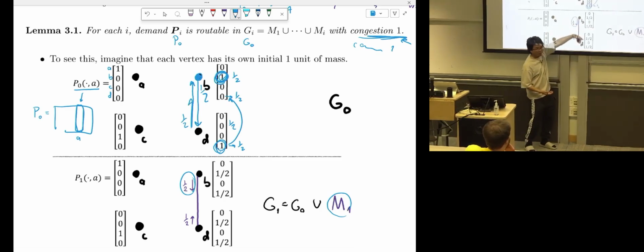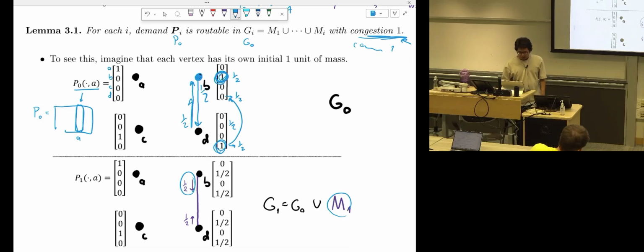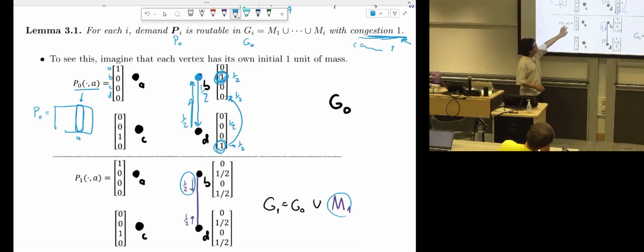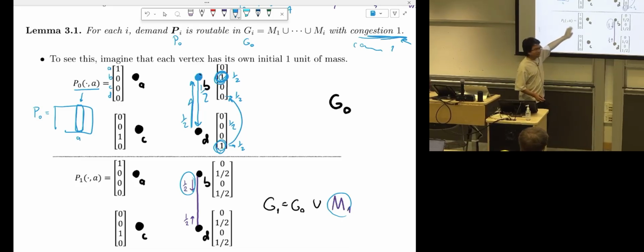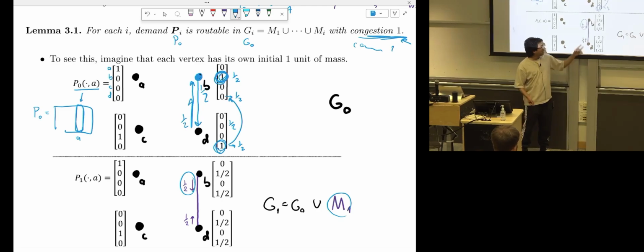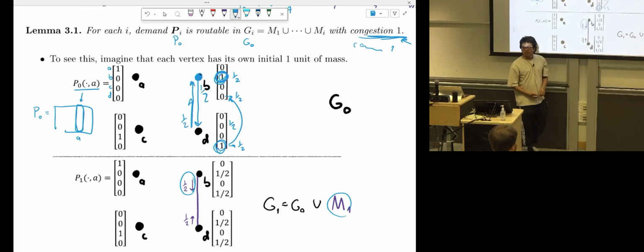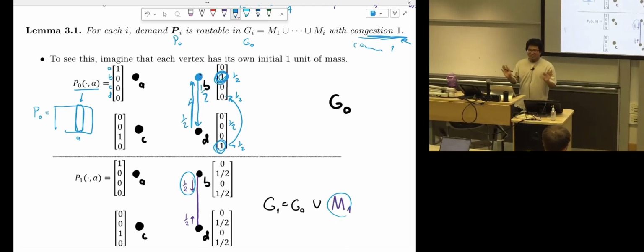So the total flow or probability mass that goes through this is exactly just 1 unit. Okay. So what does it mean so far? It means that I can route P1. This is my P1. P1 is just putting all these vectors together. Right? P1 is like a demand. And we just route this P1 demand with just congestion 1, just by sending flow along this edge. Okay, so we get the first round works.